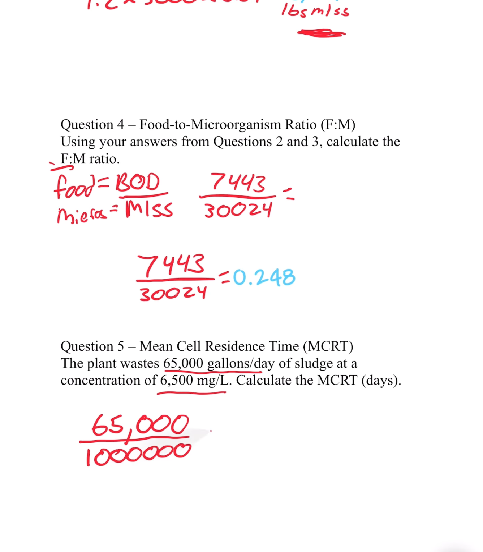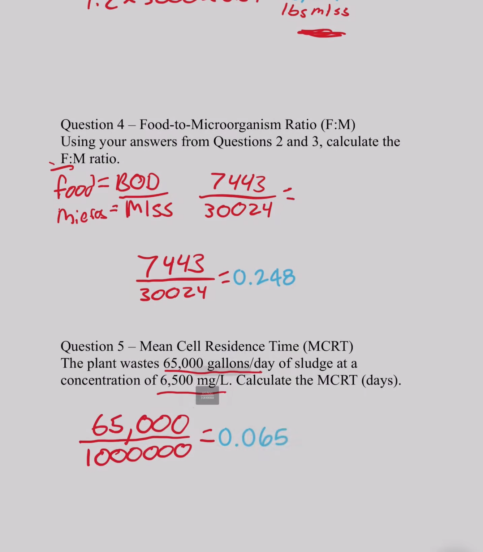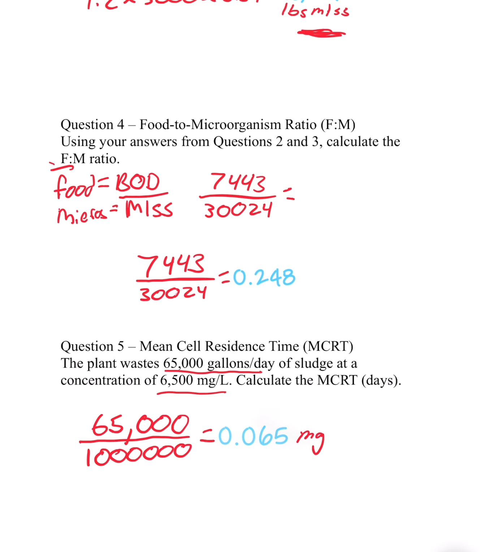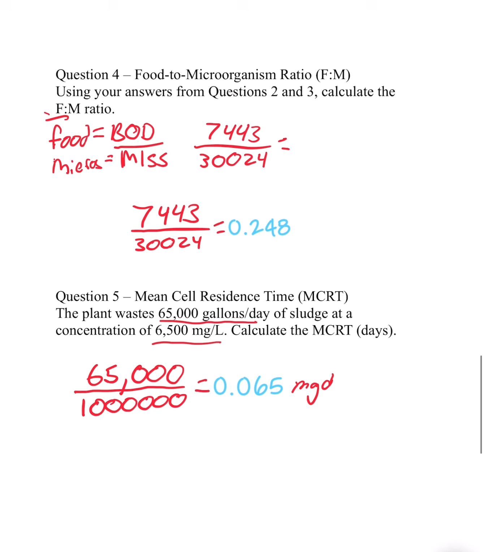So divide that by a million, and that's going to equal 0.065 MGD. Next, we're going to see how many pounds that is.